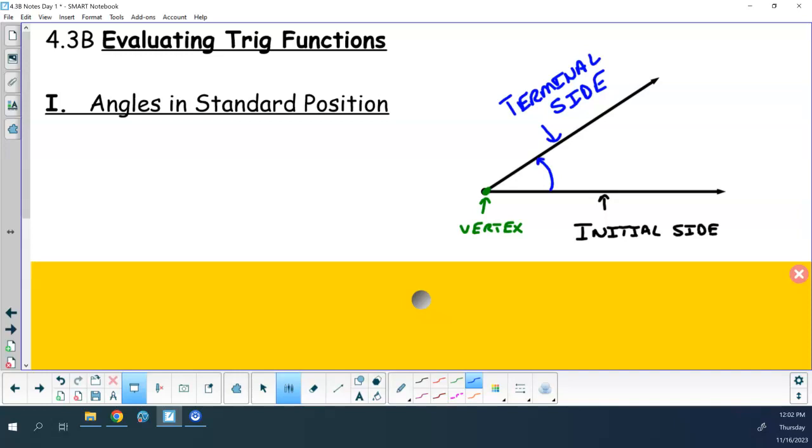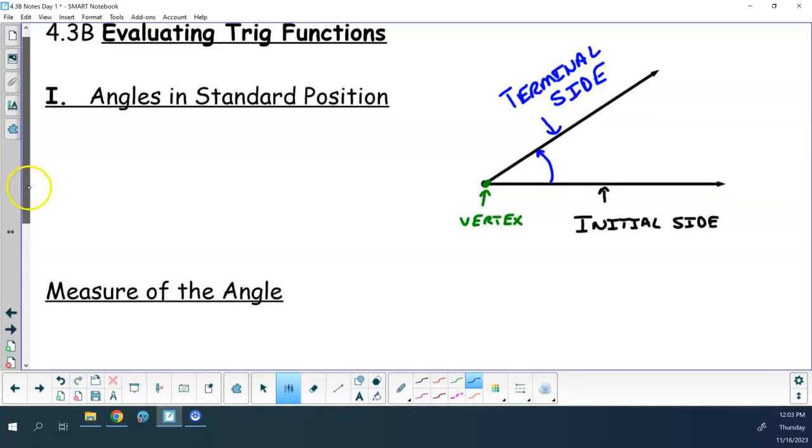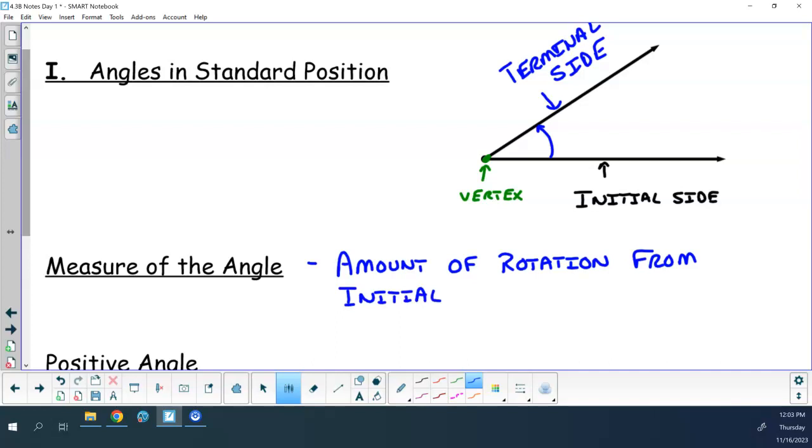Okay? The measure of an angle can be given in degrees or in radians, okay? But the measure of an angle is the amount of rotation from the initial side to the terminal side.